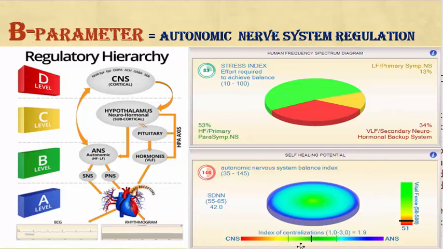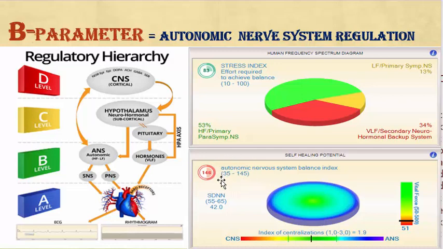Another very important parameter to look at is the index of centralization, which shows how much effect we have from the autonomic nervous system or central nerve regulation. In this case, we see it's in the green zone, it's balanced. But to analyze how the autonomic nervous system is doing, there is a parameter called the autonomic nervous system balance index.